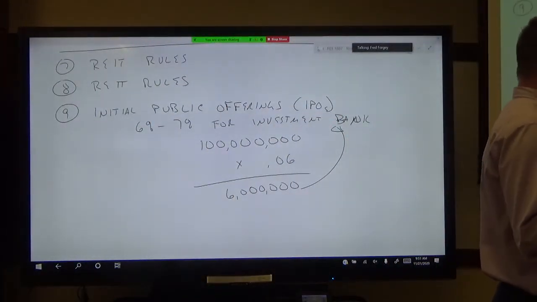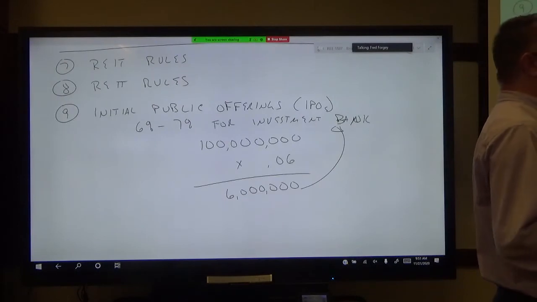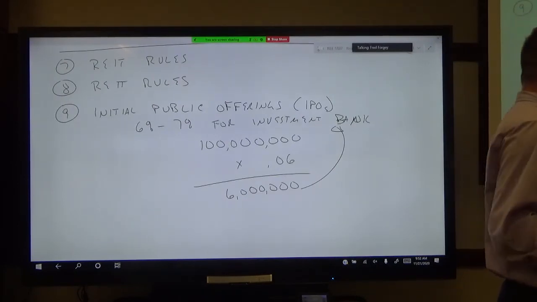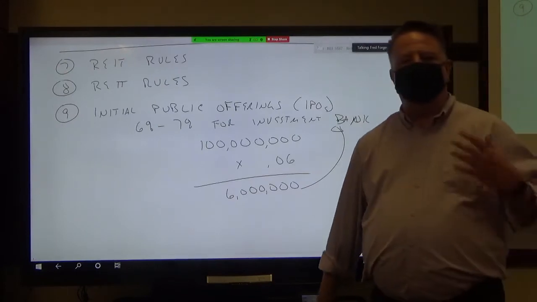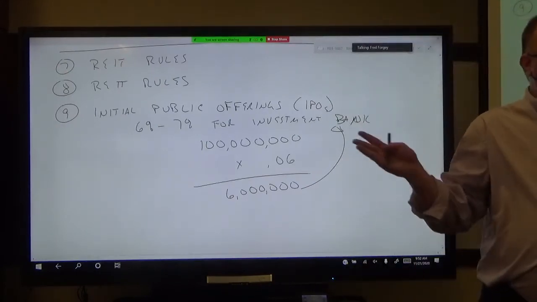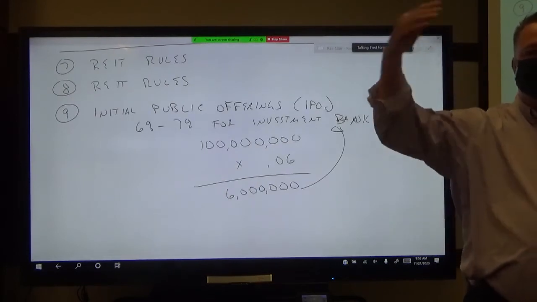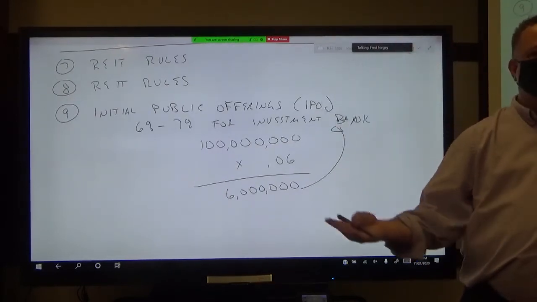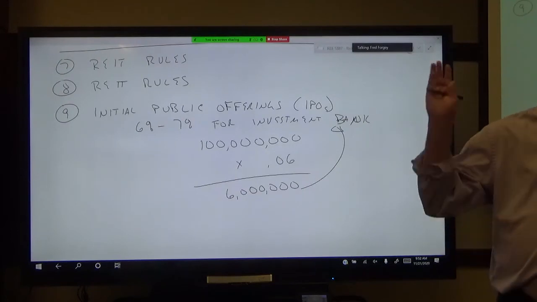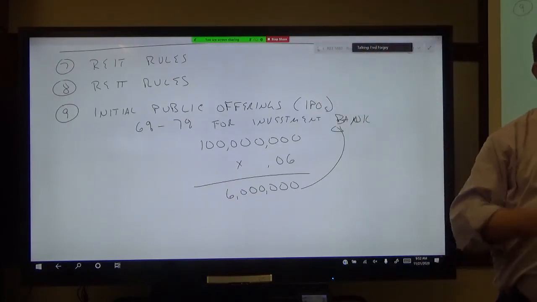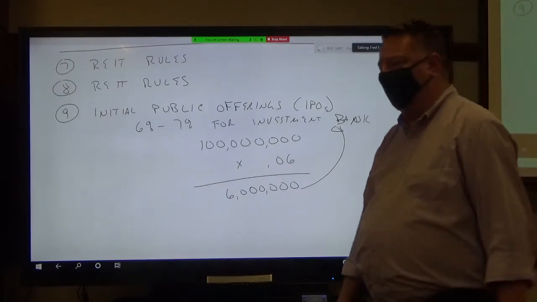But that's probably not the end of the story. There's probably other legal fees, other transaction fees, and so on. My point being, this is why it's expensive to do an initial public offering, because there are all these extra costs associated with it, but it can potentially get you big sums of money from larger scale projects.